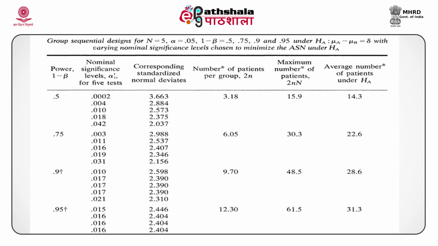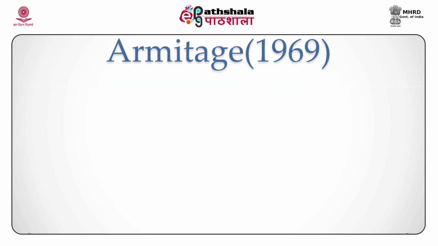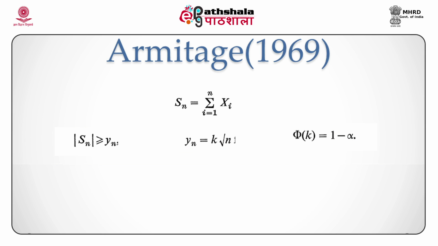Calculation results here are largely based on those used by Armitage in his 1969 paper. So here we assume that we have a series of observations x1, x2, xn and the random sum Sn equal to summation i equals 1 to n xi, a sequence of cumulative sums. We stop sampling when for the first time mod Sn is greater than or equal to some yn, where yn is of the form yn equal to k over root n.